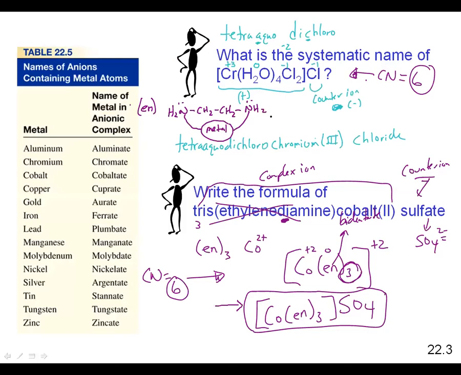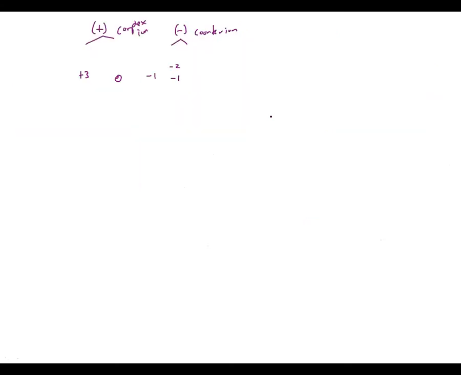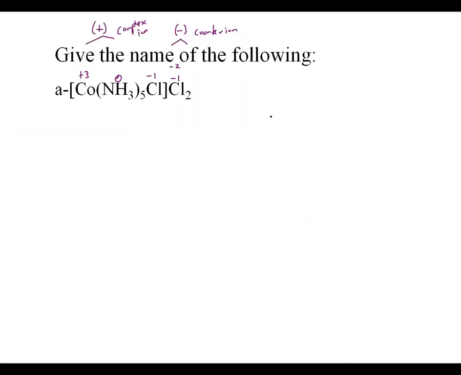You're welcome. All right, so coming back here to our name. Since our complex ion is positive, we can use the regular name for it, which is cobalt. So we definitely have cobalt(III) for the charge. We have 5 of these ammonias, so 5 is penta, and ammonia becomes amine.